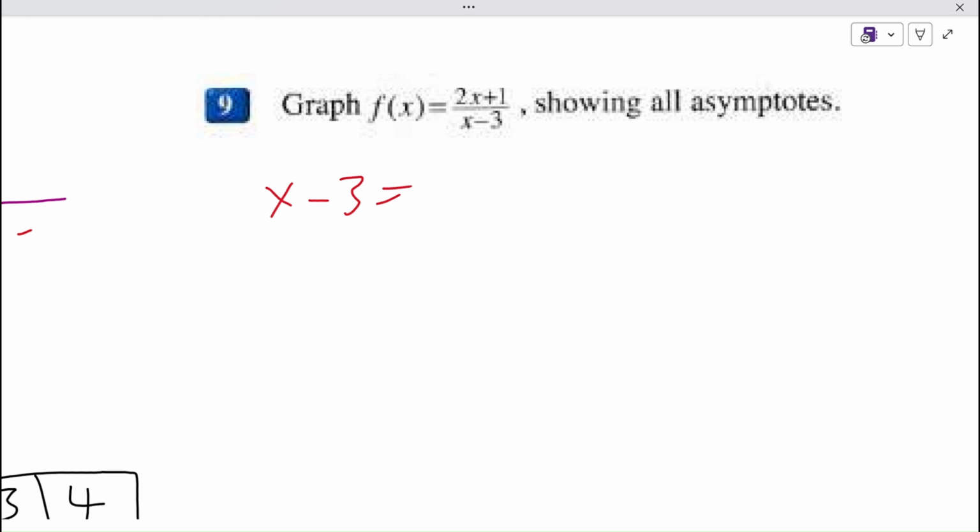This is the vertical asymptote. What about the horizontal? We have the same highest degree, so y is equal to m over n, the coefficient of x in the numerator over the coefficient of x in the denominator. It means 2 over 1, which is equal to 2. This is the horizontal asymptote.